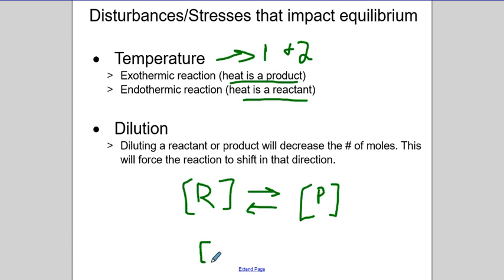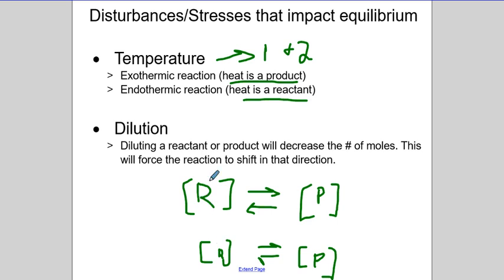If all of a sudden the concentration here were to get really small because we diluted this side, well, then this thing would no longer be at equilibrium. And so it would want to shift to the side that just got affected. So I'm trying to write this out.